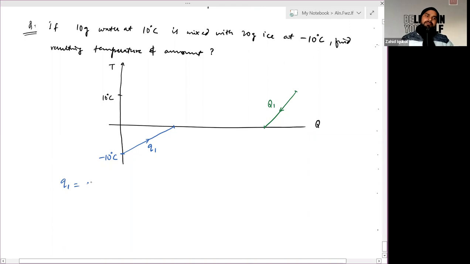Small q1 will be mass of ice times specific heat capacity of ice times change in temperature.